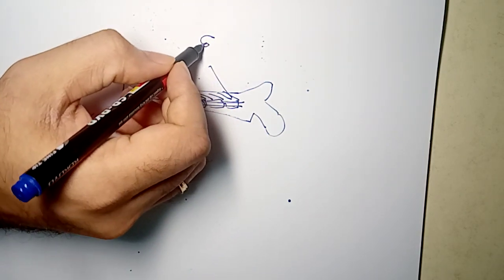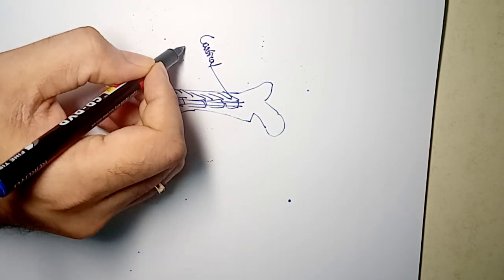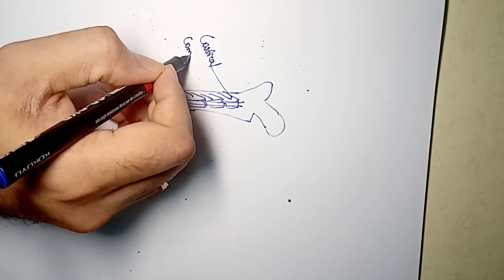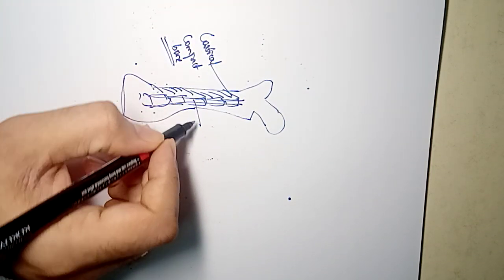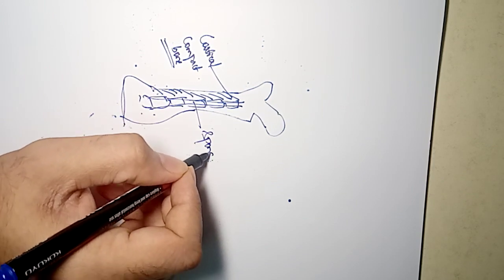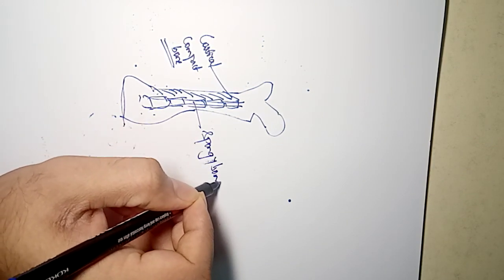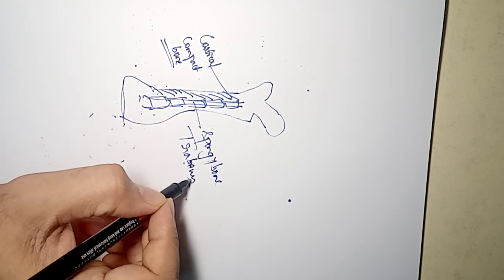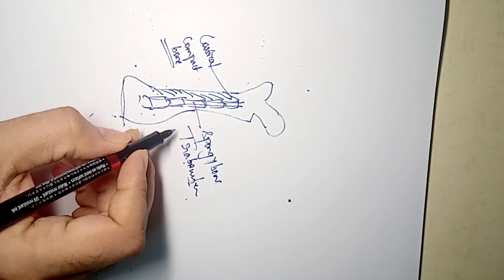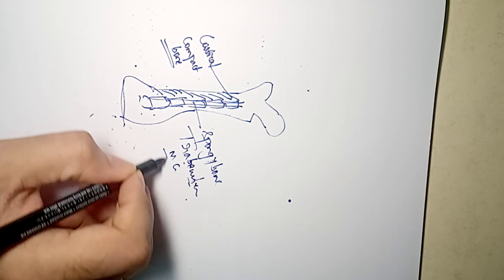This cortical bone is called the compact bone. The spongy bone is the trabeculae in the medullary canal.